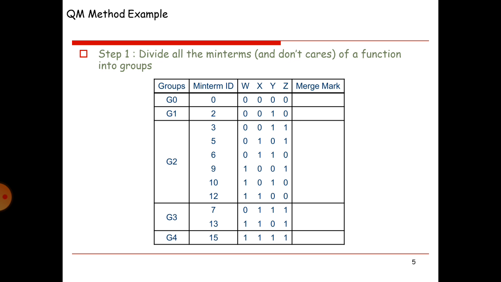G3 and G4: G3 means number of 3 ones. So 7 and 13 have 3 ones, so we make the group G3 with 7 and 13. G4 will be minterm ID 15, that is 4 ones, represented by G4.